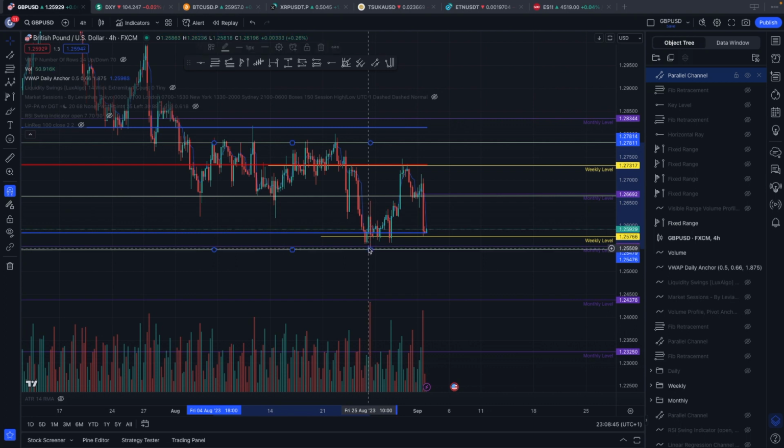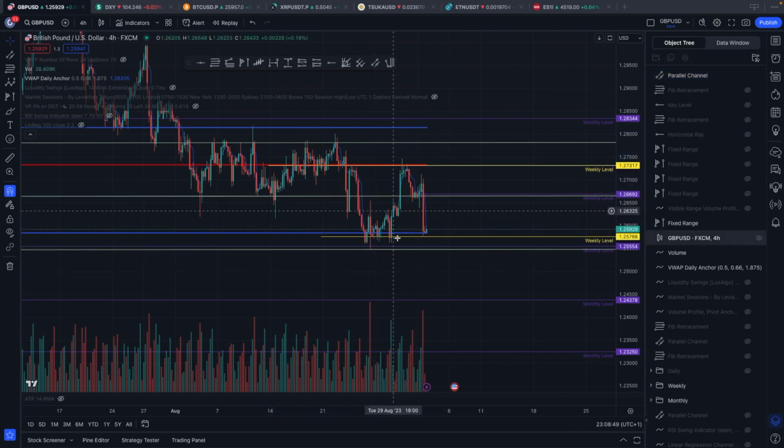Remember, these are not accurate. It just gives you a better understanding of what the price is doing at the moment. So basically, at the moment, we're going sideways. We're heading a little bit lower, but sideways, sideways, sideways, lower, and still.